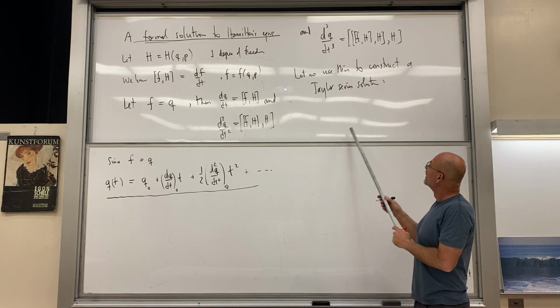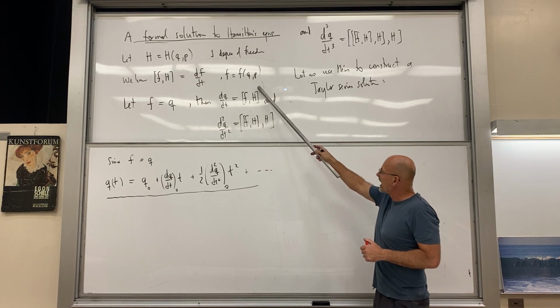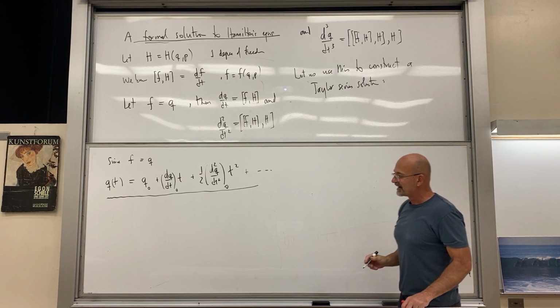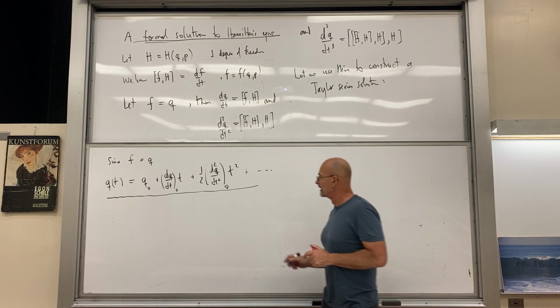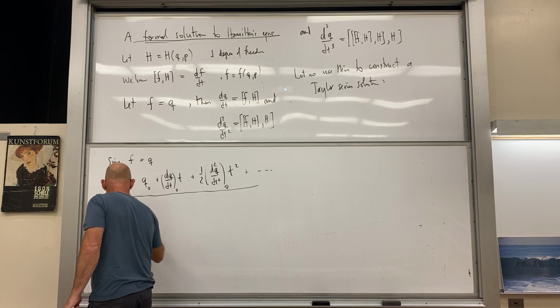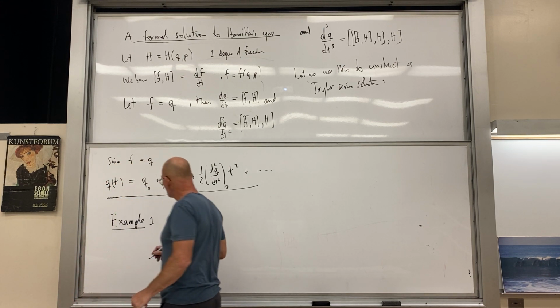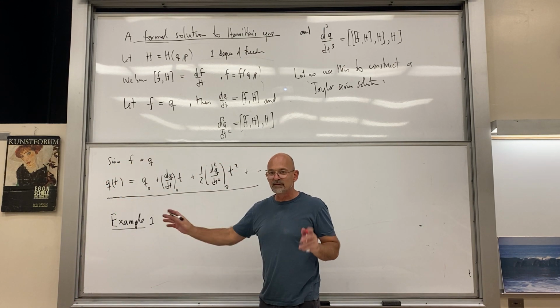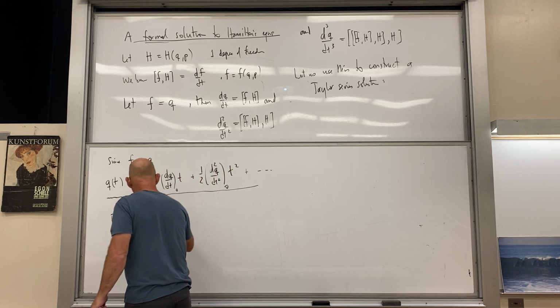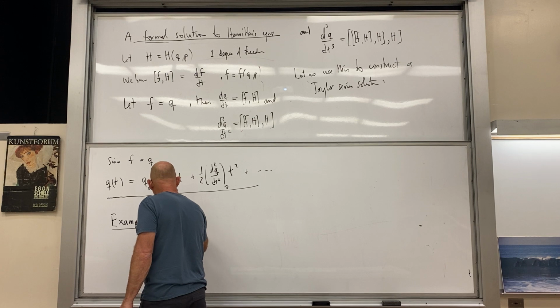You have to calculate all these Poisson brackets, the first one, the second one, the third one, and I'll show you two examples. Actually, I'm going to start each example, and you'll complete them both for homework. So the first example is free fall.